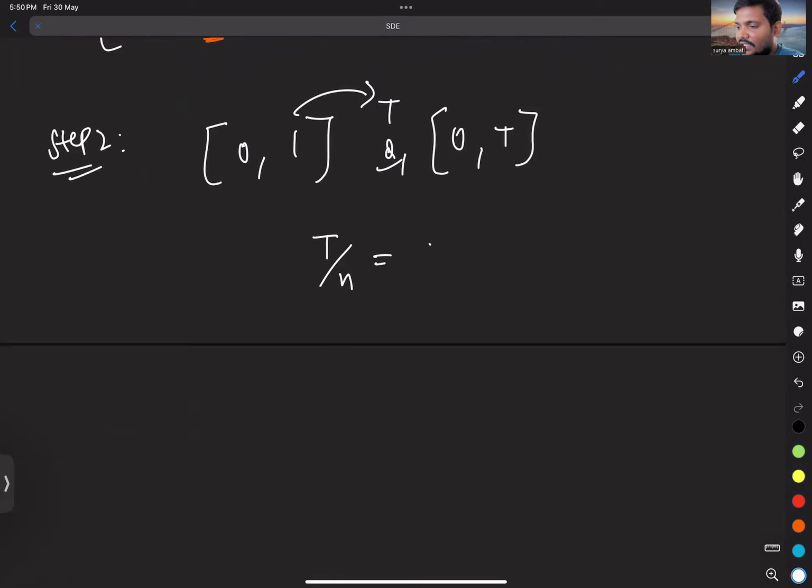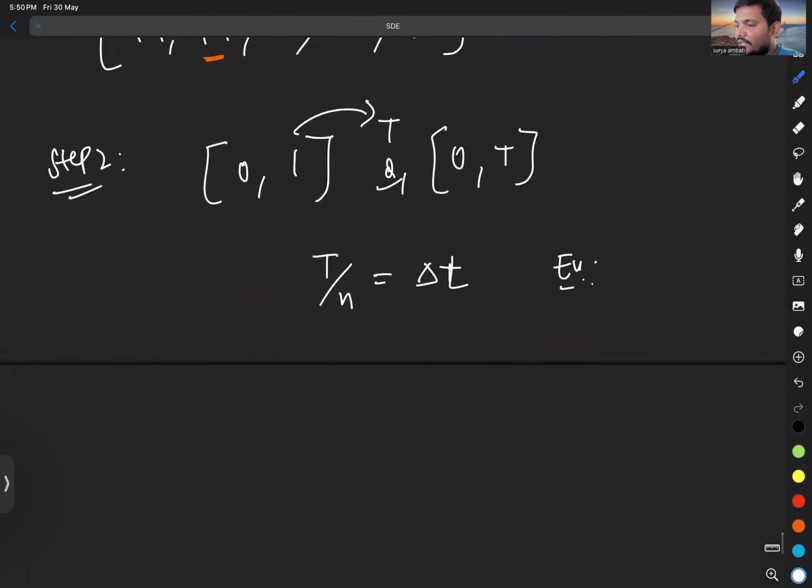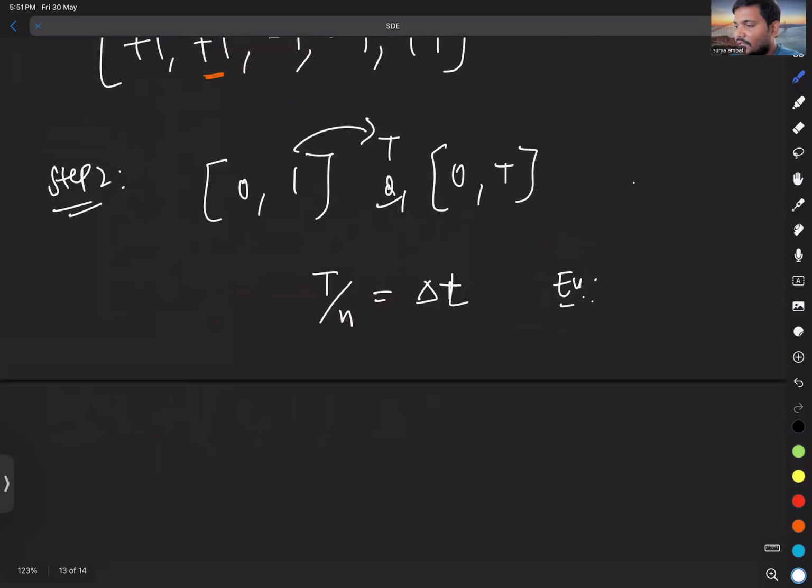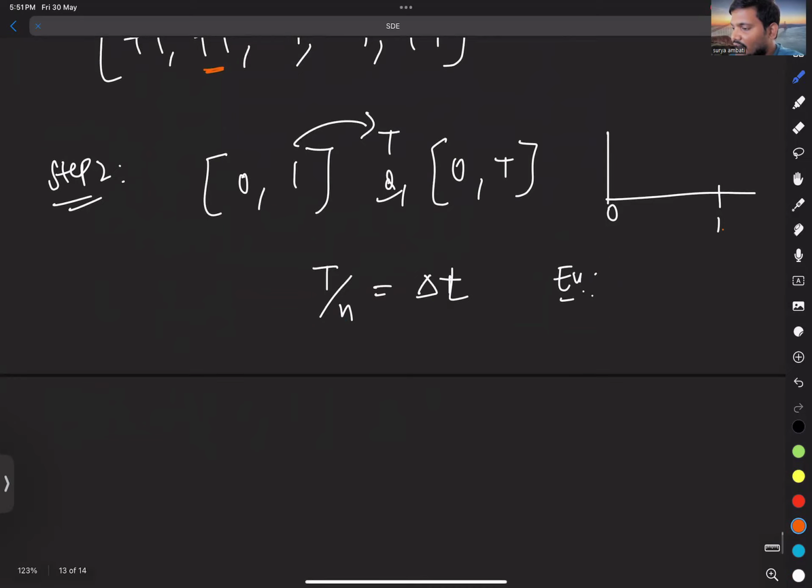So it captures the changes in T, which is delta T. As a numerical example, from 0 to 1, I'm dividing by the number of steps n.